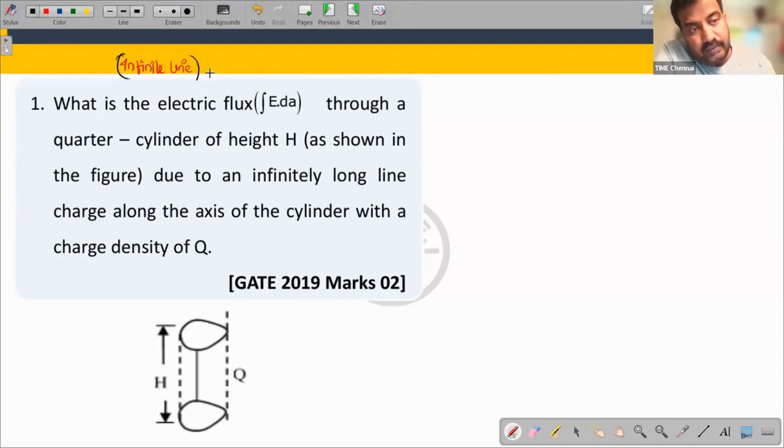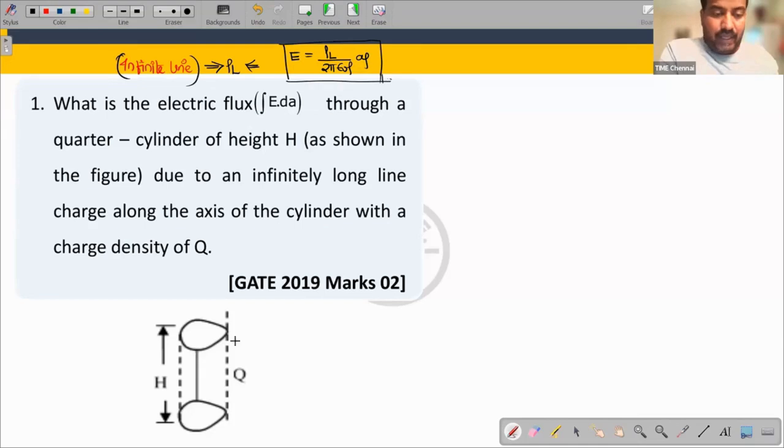Infinite line carrying charge density rho L. Uniform line charge density rho L. Electric field of such a line is given by rho L by 2 pi epsilon naught rho arrow. This is the base concept. This is the basic formula which you need to apply under this customized situation.